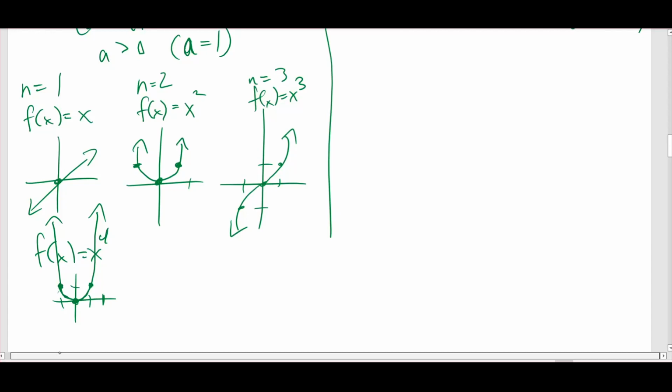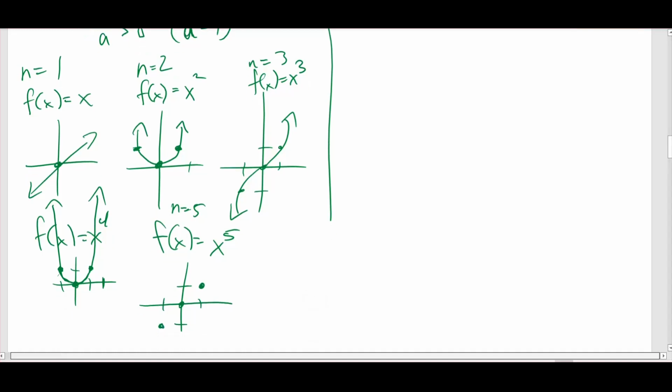All right, we can do the same thing with n equal 5, right? n equal 5, f of x equal x to the 5, and we can draw a picture of what that looks like. And we would do the same thing, right? Put a 1 in there, 1 to the 5th, that's 1. -1 to the 5th, well, that's -1. And we can sketch the graph. We've got the nice pattern. And the same thing is going to happen as happened with this one here.